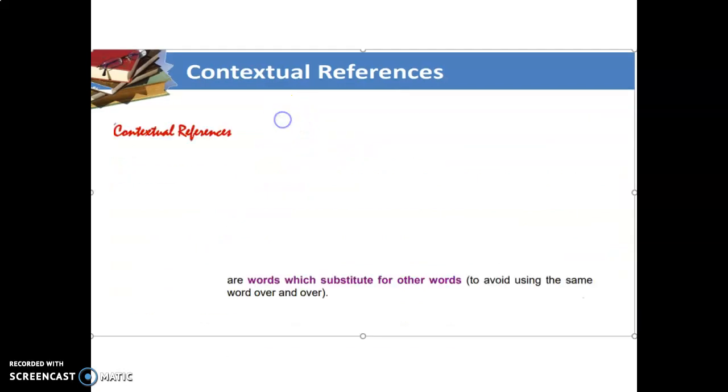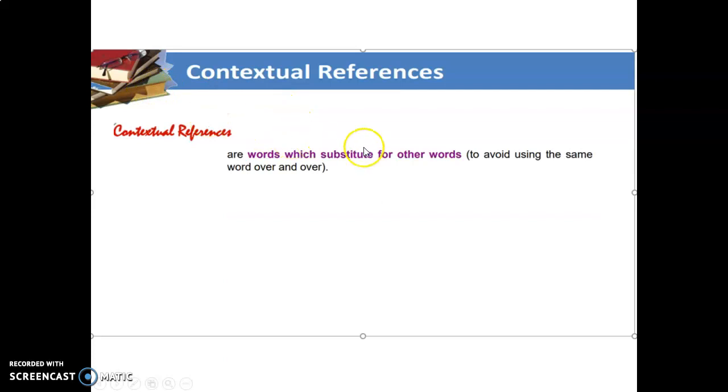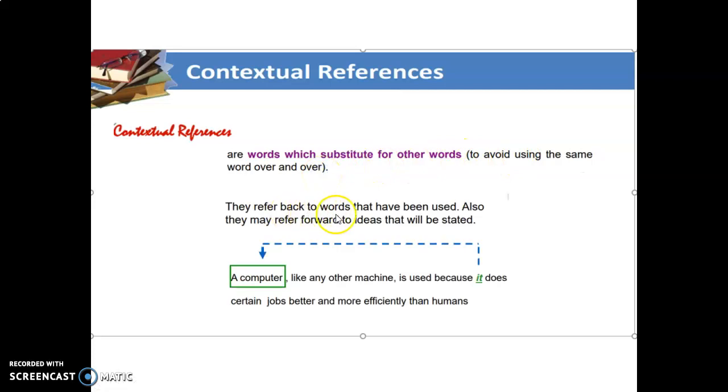So contextual references are words which substitute for other words to avoid using the same word over and over. They refer back to words that have been used in the text. Also, they may refer forward to ideas that will be stated. So we understand that we have two different types of reference from this statement.